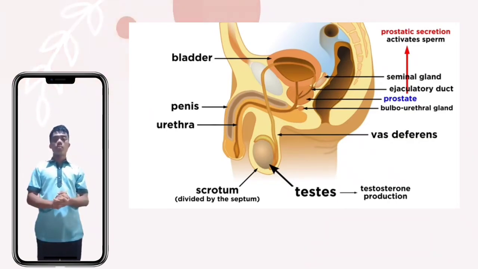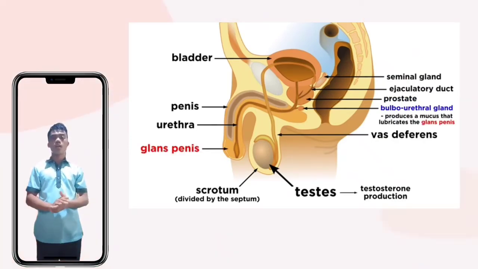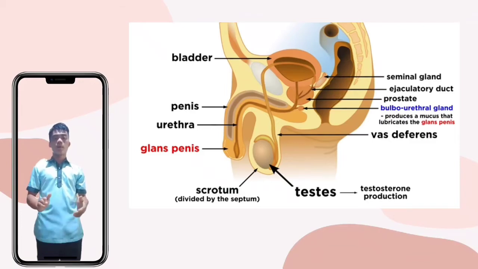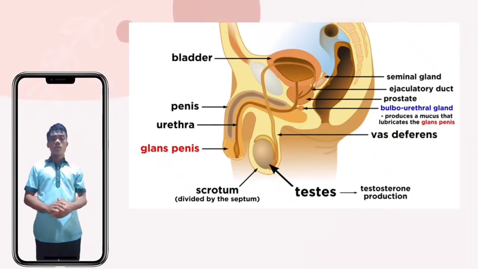Lastly, the bulbourethral glands sit near the prostate and produce a mucus that lubricates the glans penis, or head of the penis, during sexual arousal.